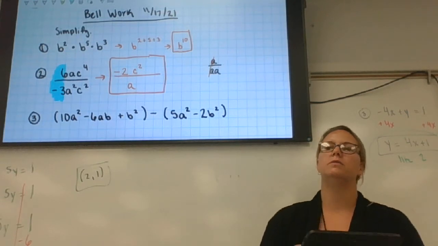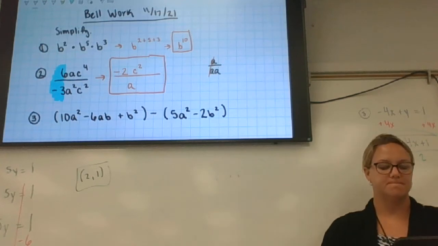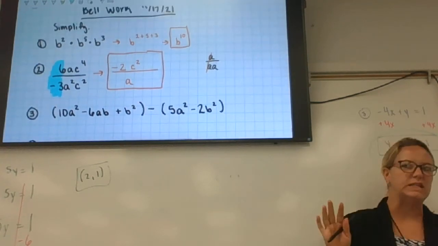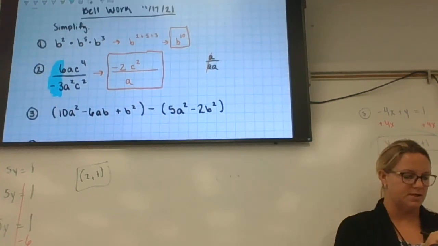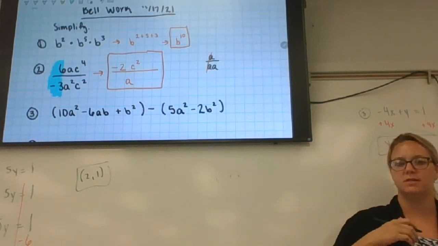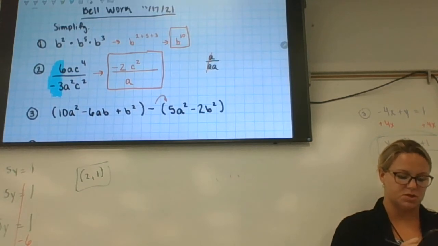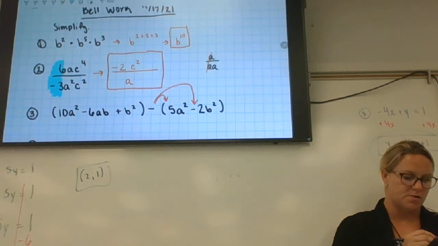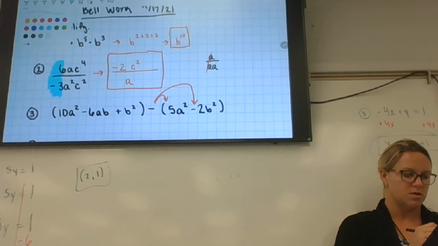So number 3 we covered on Friday. We did it really quickly. We didn't spend a whole lot of time on it. But we did practice subtracting complex numbers in chapter 4, so you just distribute this minus sign and combine like terms.